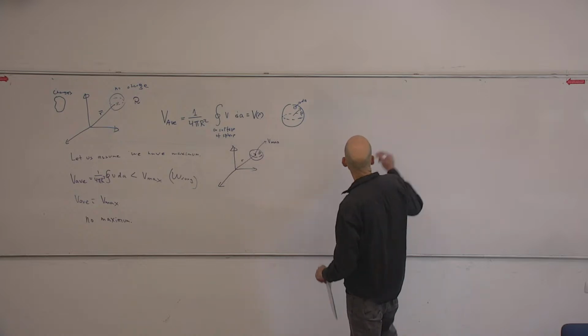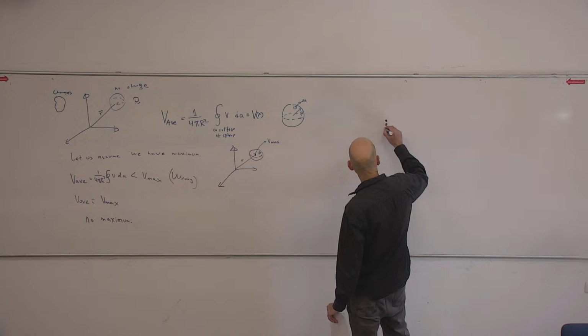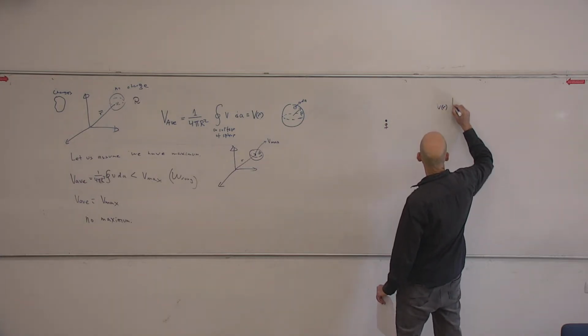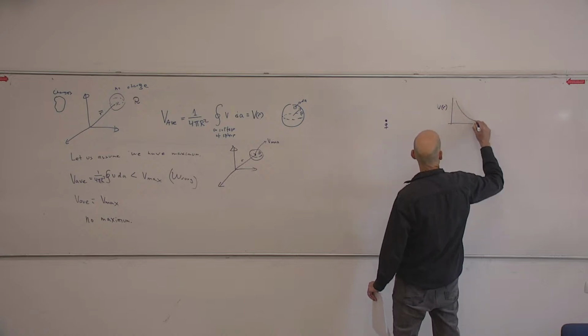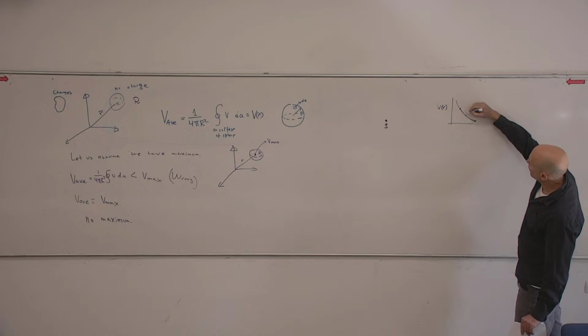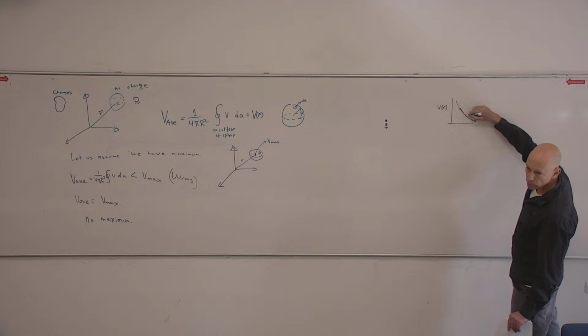Sure. So if you have a potential, let's say a single particle, Q, and then I look at V, I plot only V of R, right? It decays like 1 over R. My claim is that in addition you have the sphere here. You see there is no maxima and minima here inside.